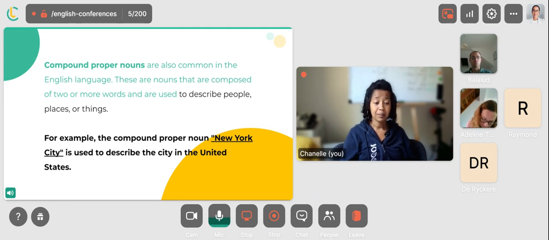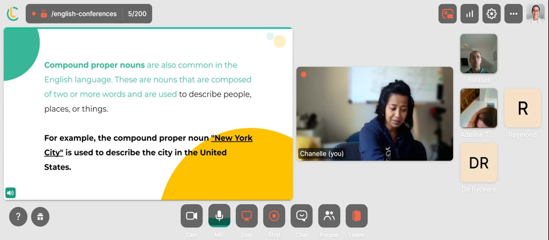For example, the compound proper noun New York City is used to describe the city in the United States. So we didn't know that it was a compound proper noun, but in fact, it is New York City.